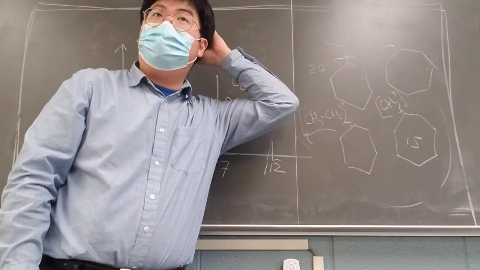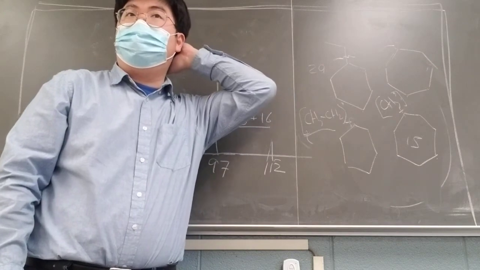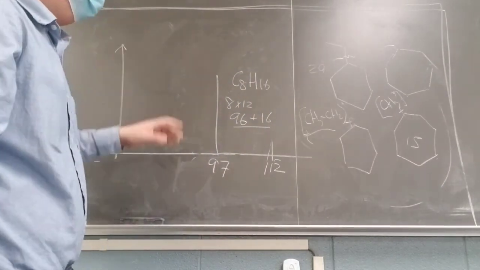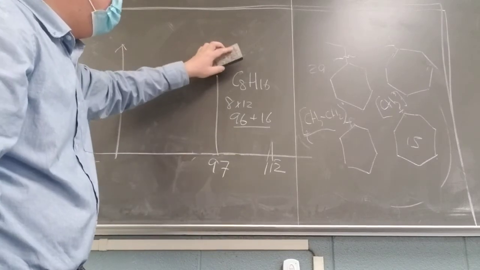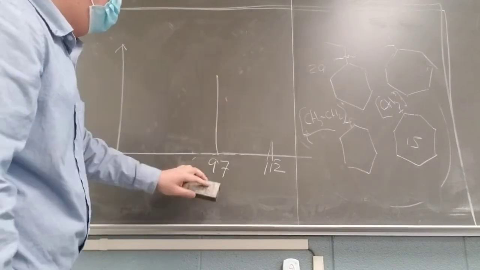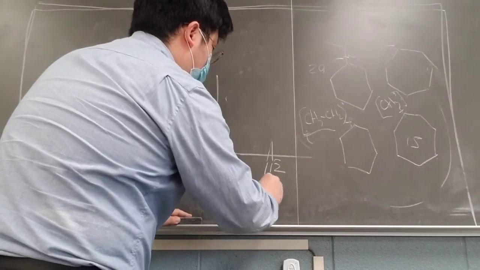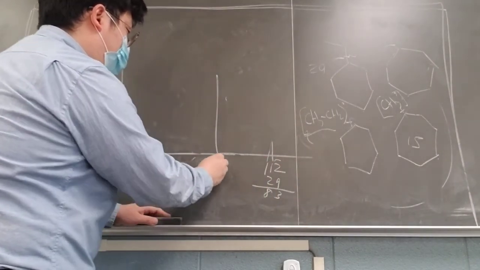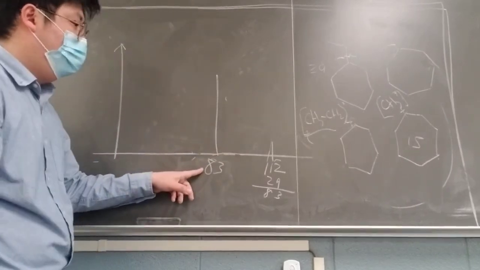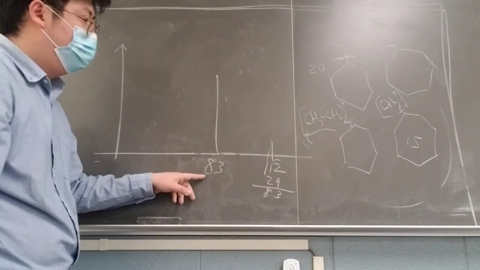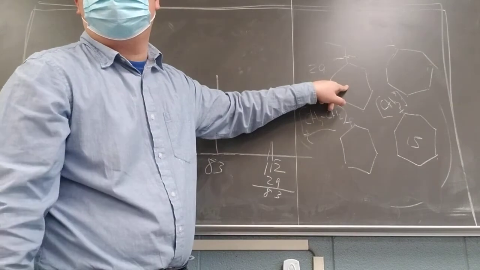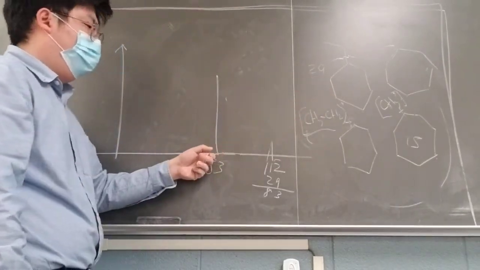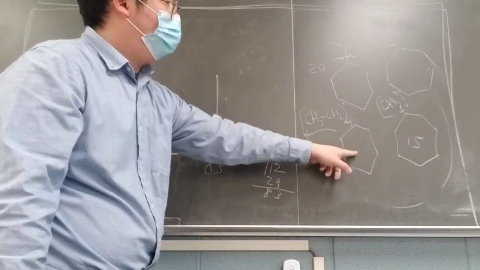Makes sense, right? Does it make sense? So if I change this one, so 29 over here, right? This will be 3. So if you have a base peak at 83 instead of 97, this one is the answer, because this will lose the 29 to be the base peak, which is this one.